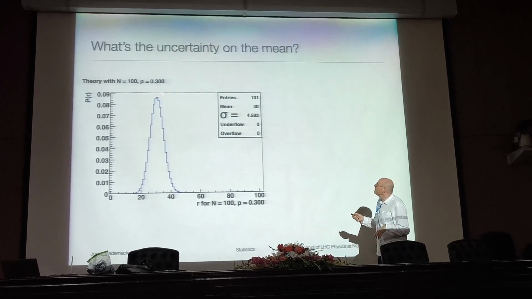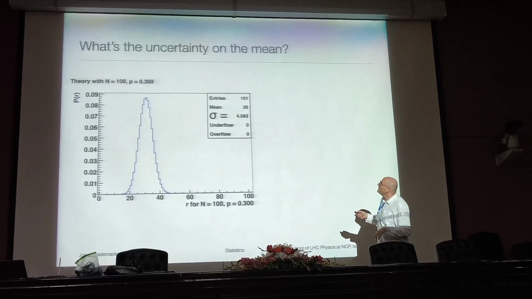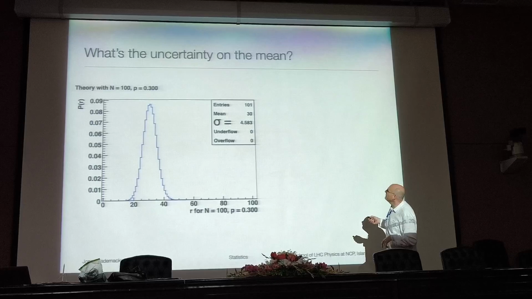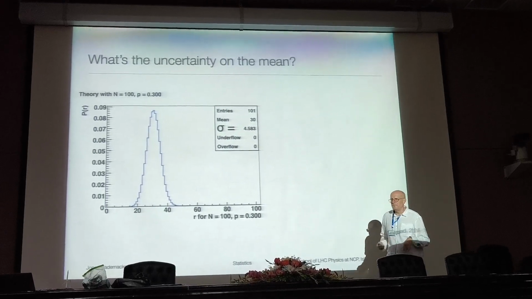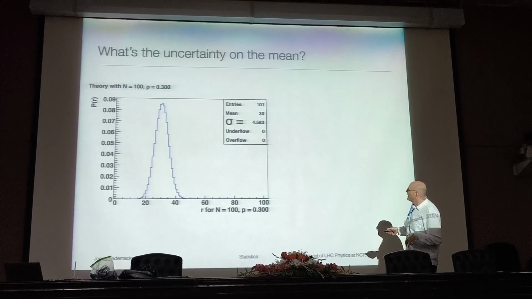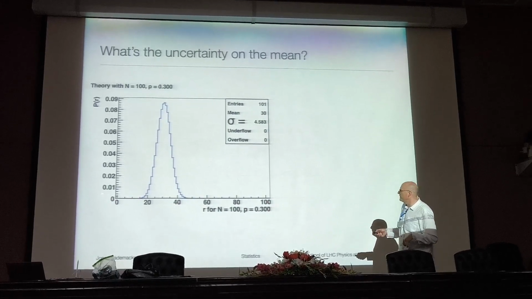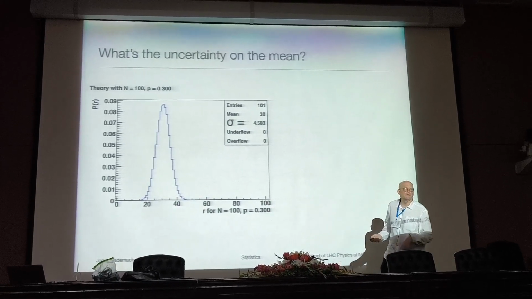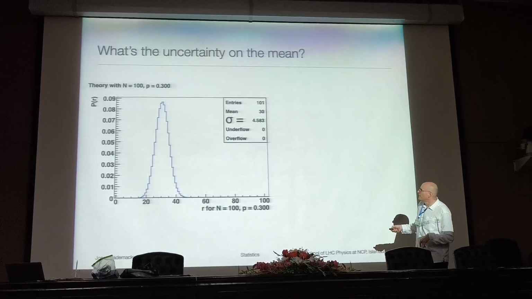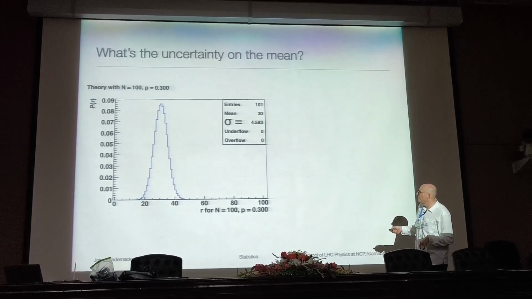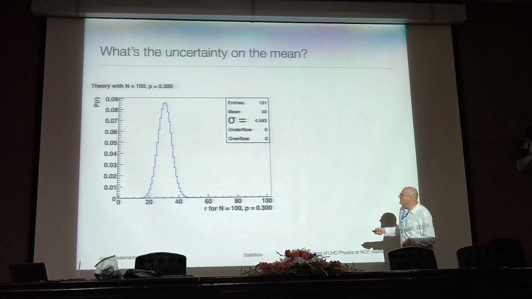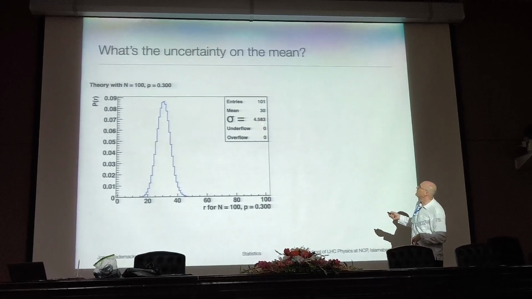Here I repeated my experiment 100 times, or 101 times for some reason, and I measure something. I don't know what it is. It doesn't really matter. Maybe it's a counting experiment, and I sometimes measure 20, sometimes 40, but on average I measure 30, and the width of this distribution is 4.6 roughly.